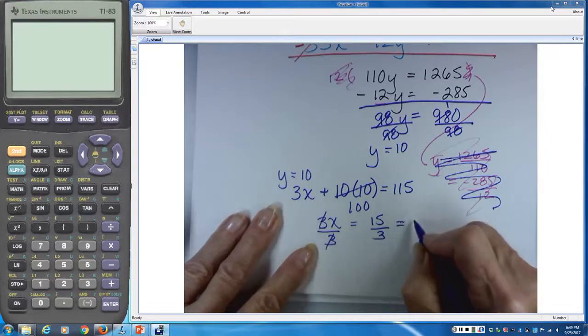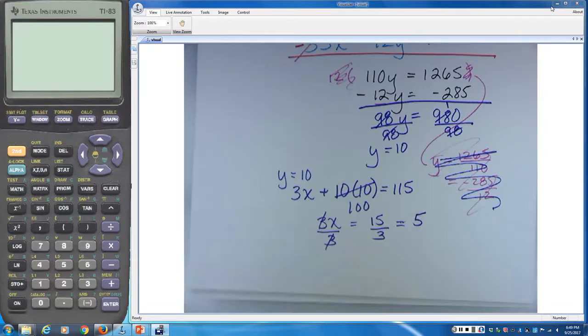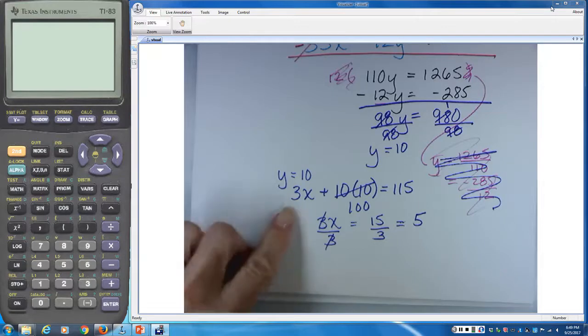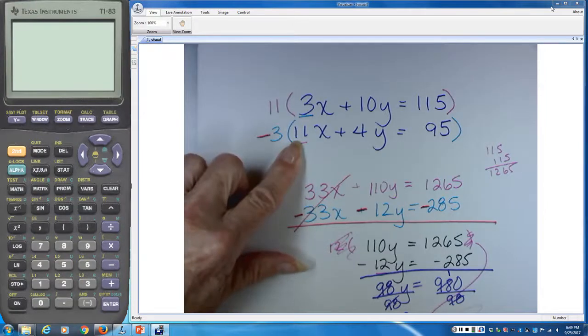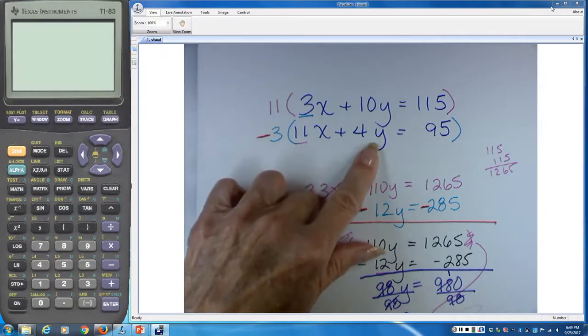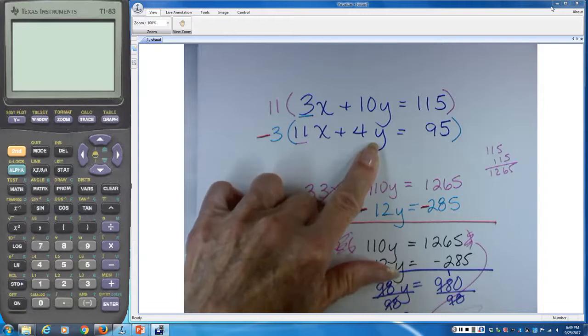And x then is equal to 5, like we said it should be. Okay? And you can check by substituting back in, not just into this equation, but you can actually go back to your second equation and substitute in y equals 10, and you'll find that the answer to that one is also x equals 5. Okay?